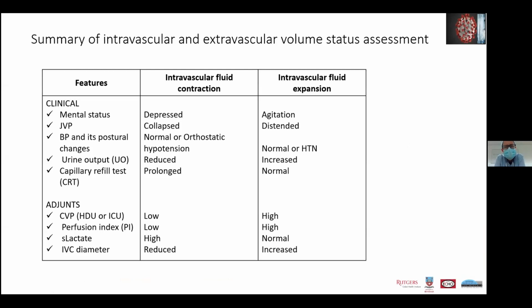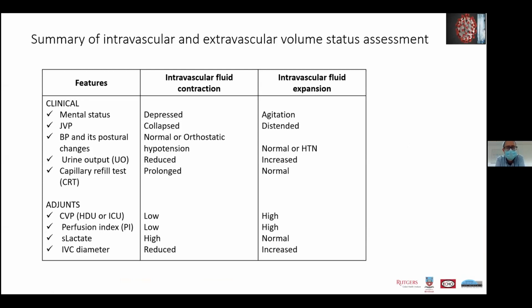Summarizing those findings on how to assess intravascular and extravascular volume status: for contraction, the mental status will be depressed, and the JVP will be collapsed. BP will be normal, or there will be orthostatic hypotension.